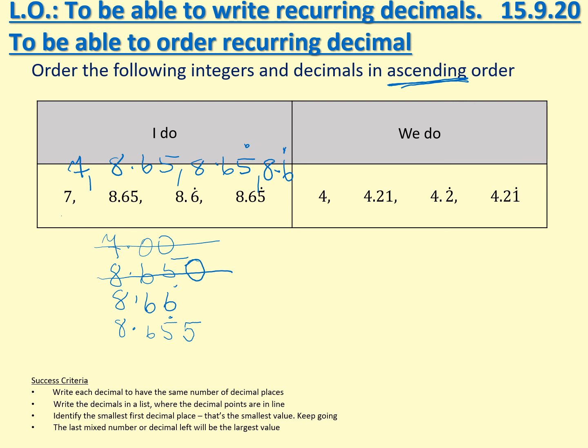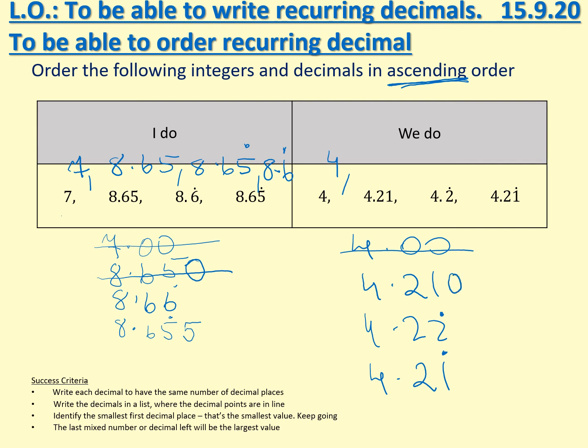So what you should have is 4. Again, we've got 4 is the smallest, then it's going to be one of those, so we might go up, write another decimal place for both of them to make it easier to compare.